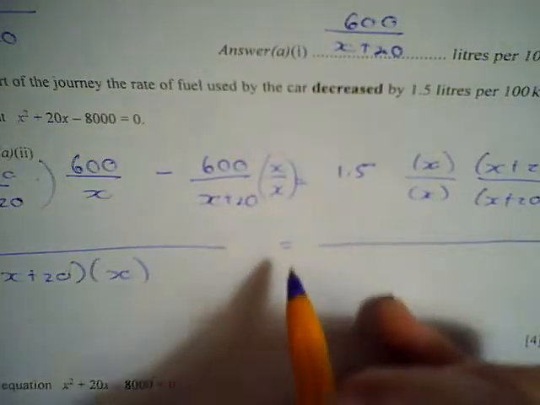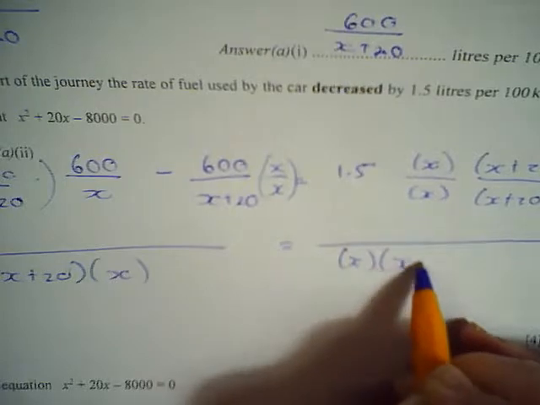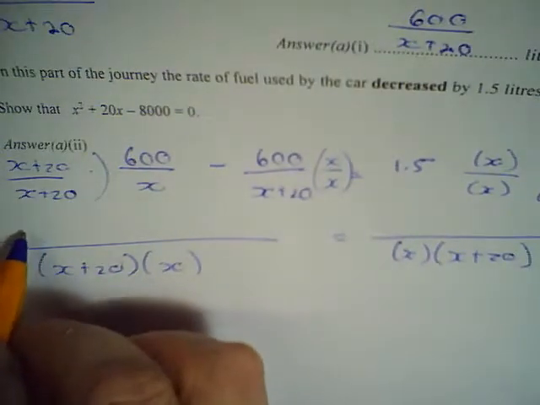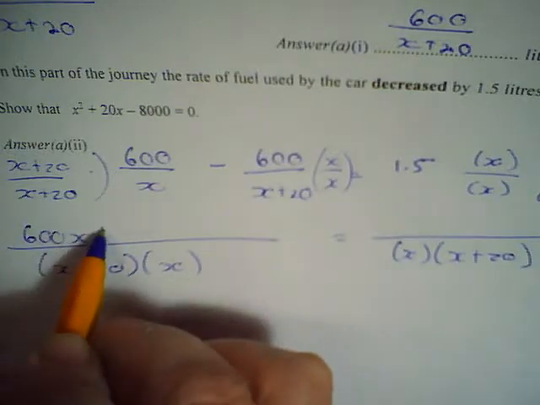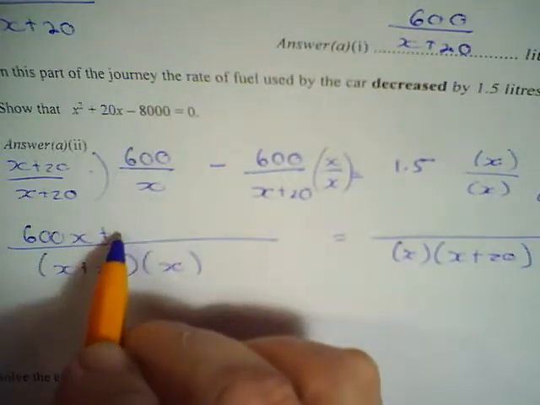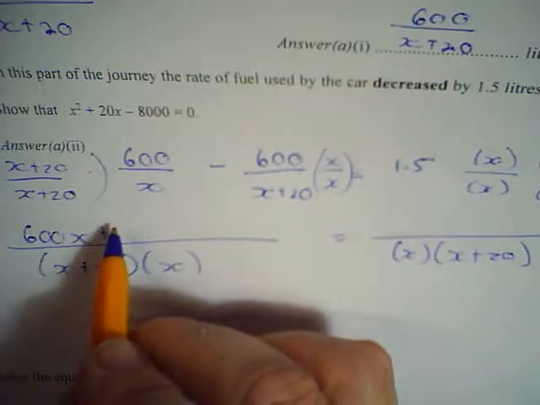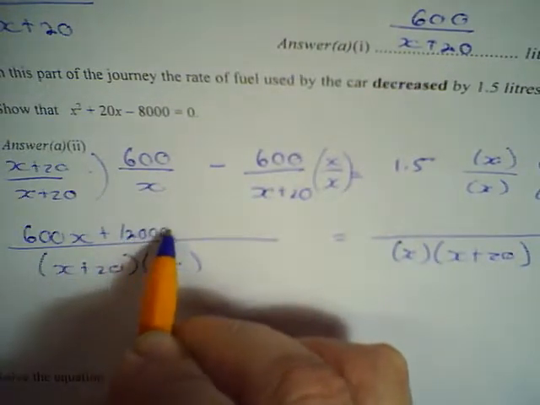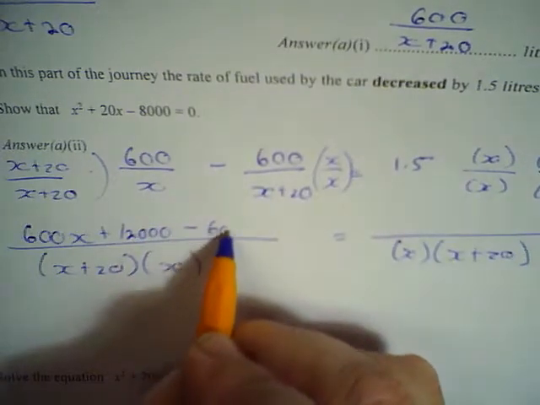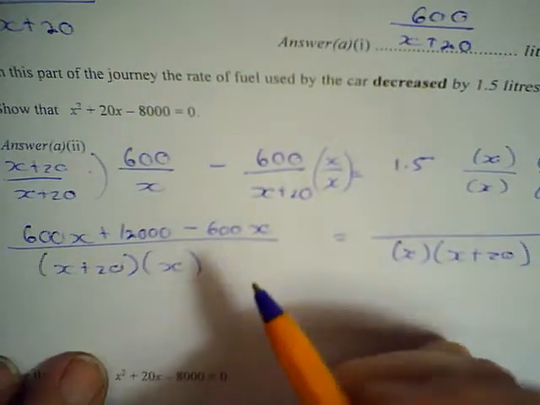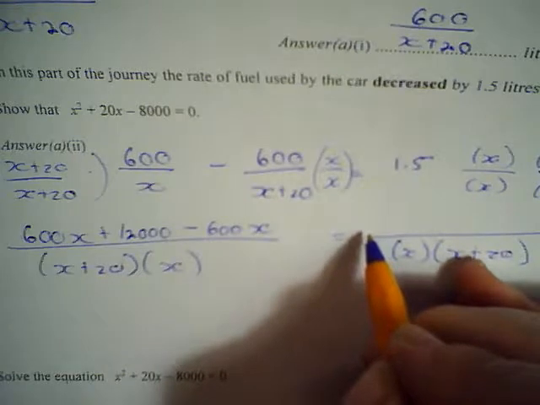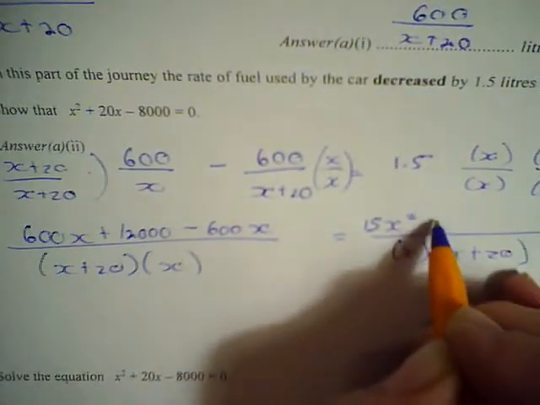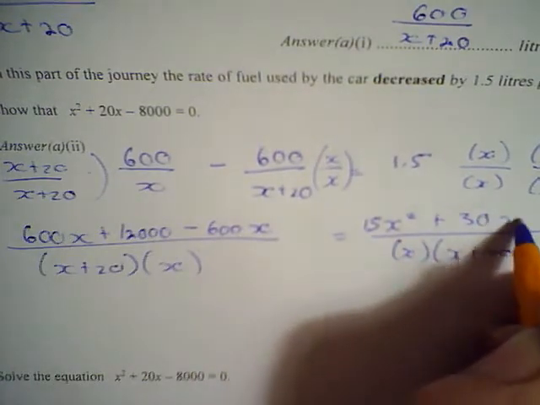Okay, that will give me x here and x plus 20. In my numerator here, I will have 600x plus 12,000, and then minus 600x equals, and then this side, if I simplify it, it'd be 1.5x squared plus 30x.